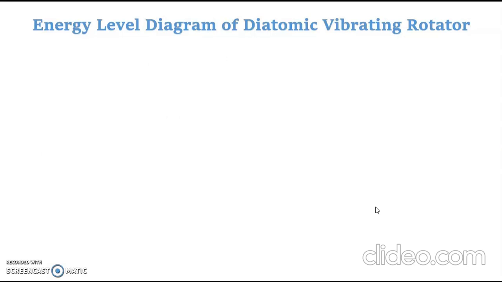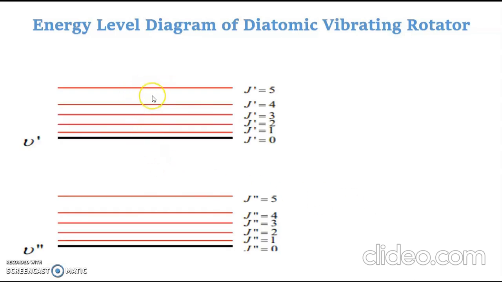Next, we can see the energy level diagram of a vibrational level containing rotational energy levels. Since the vibrational transitions need more energy, each vibrational level should contain rotational levels, and we have dealt with this during our first introduction lecture.